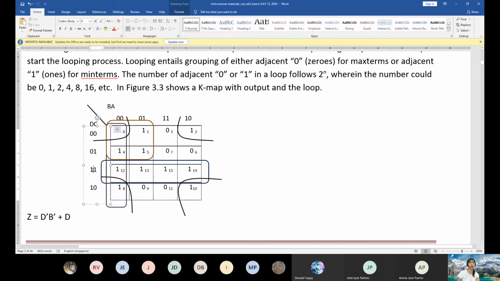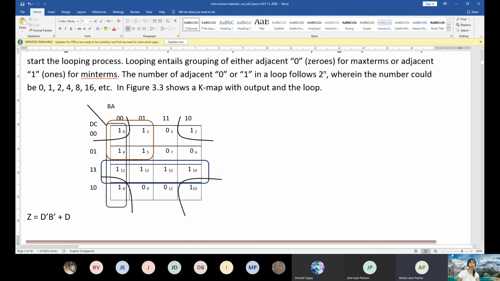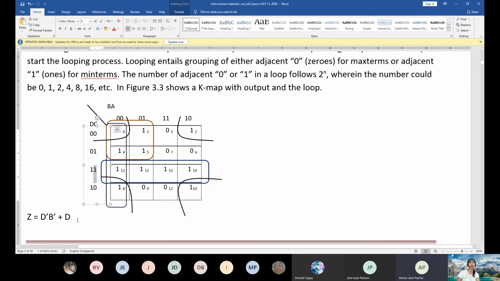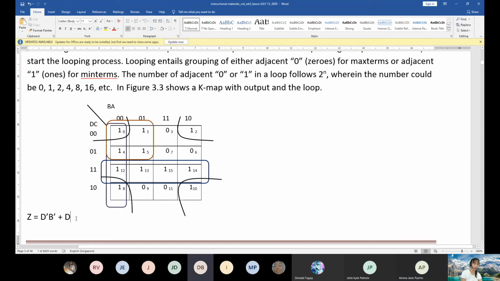So we cannot compare D to C. Since this is a min term, if D is 1 we write D, and C is 1, we write C. So we will write D and C.